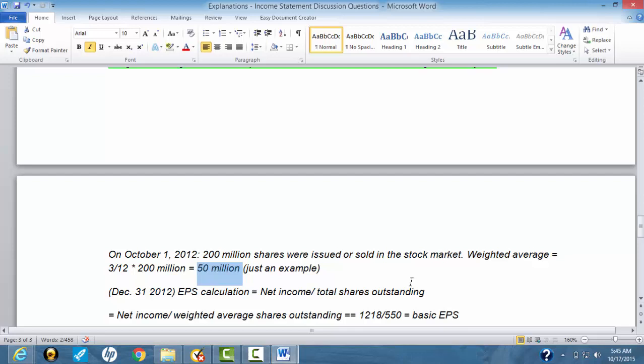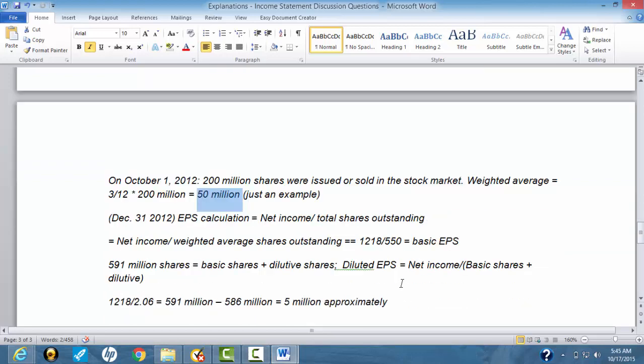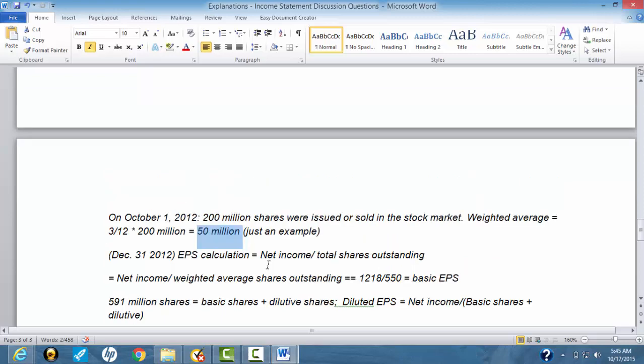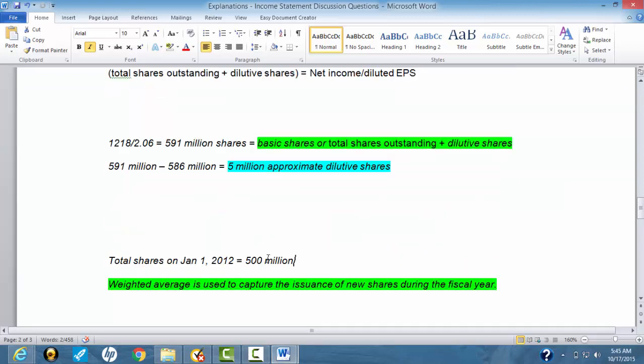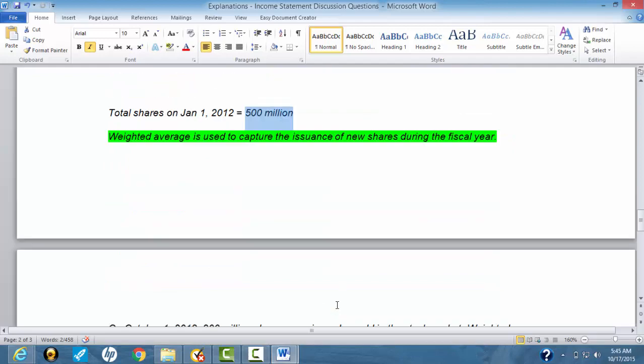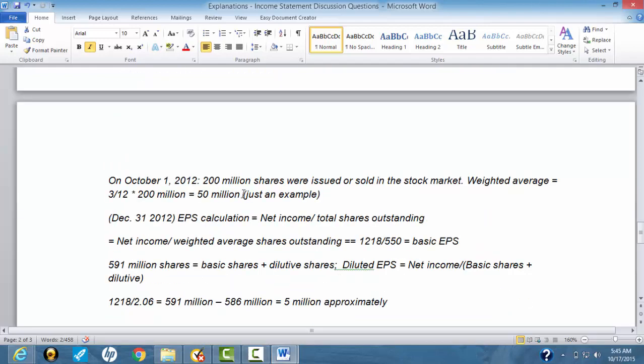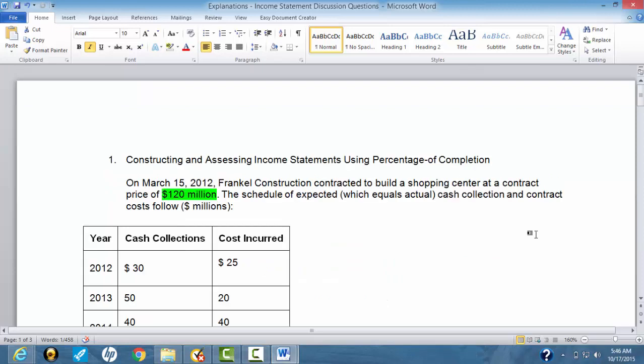What this simply means is that the 200 million shares that were outstanding for 3 months is equivalent to 50 million shares being outstanding for 1 year. So in this hypothetical example, the weighted average shares in the denominator will be 500 plus 50, and we will have 550 in the denominator. This brings us to the end of our analysis of income statement questions.